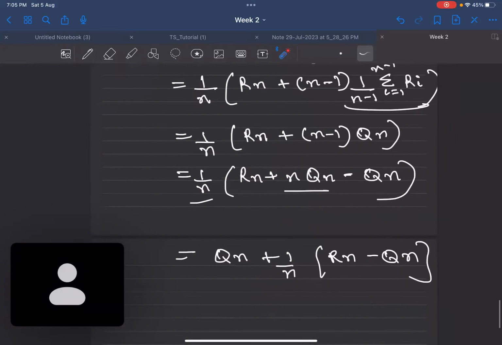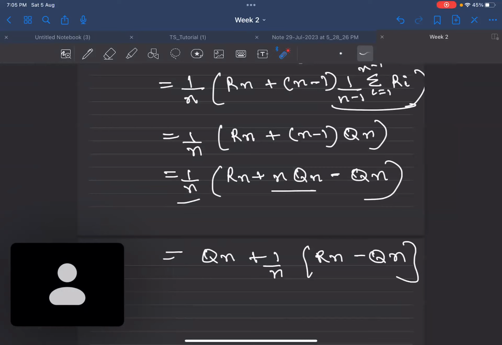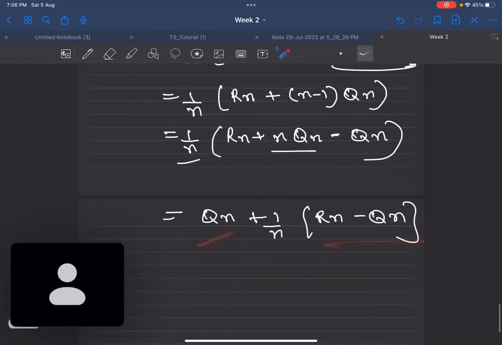Any doubts? No, ma'am. Got it? So what is this term? Can someone explain? I think the professor has not done this, just some deviation and came to the same thing again.